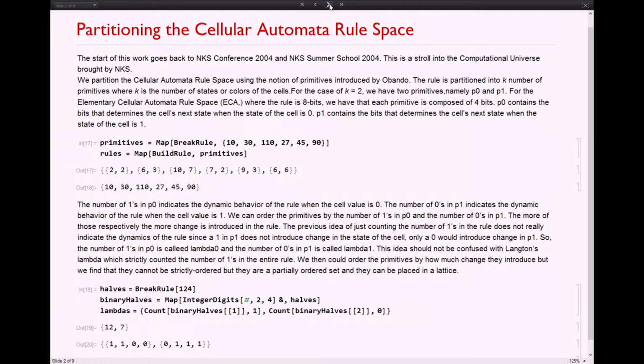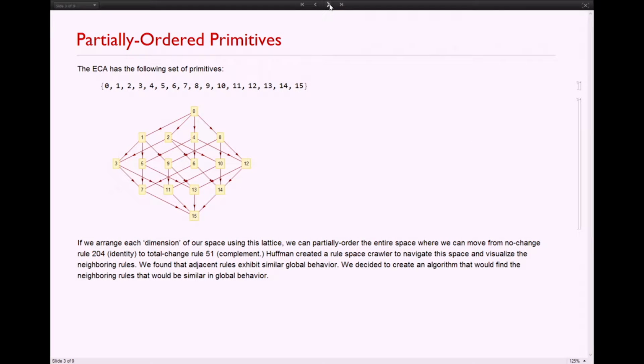So anyway, I created this, and then I found that for the ECA, we have 16 primitives and 16 primitives. If I do a product of those two sets, then I can get all 256. What I found was, though, that I could not order them, and that was my mistake at the beginning.